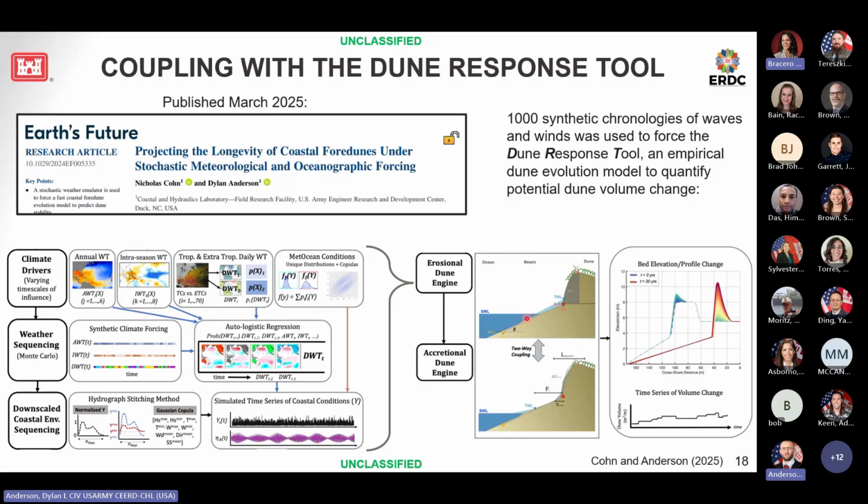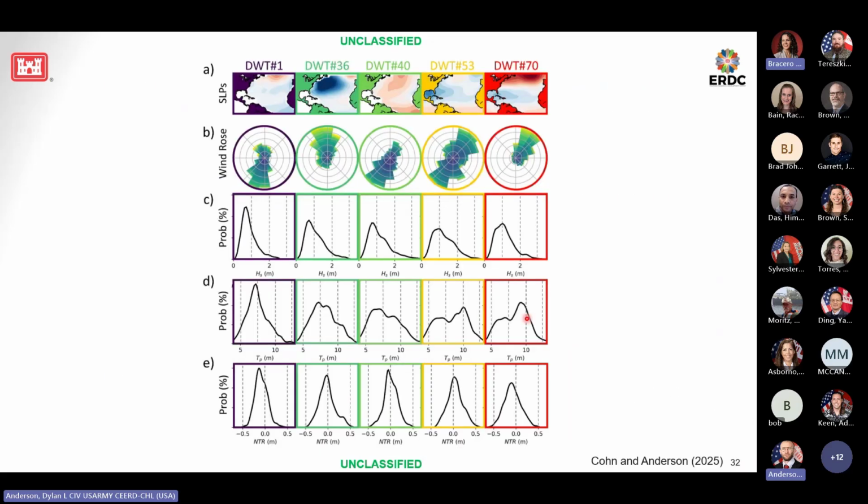That's a single example, but ultimately it's only possible because we've added to this weather emulation model this wind rose component. So now I don't just have things like Hs, Tp, and the non-tidal residual, but I also have the things that help dunes recover. And those are conditionally dependent on the different sea level pressure patterns.